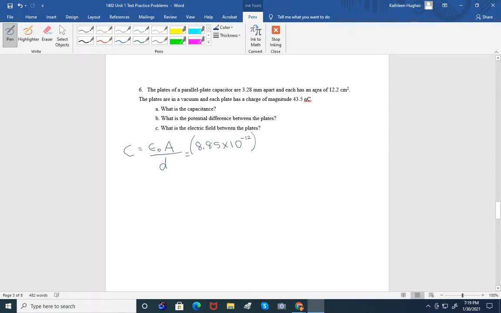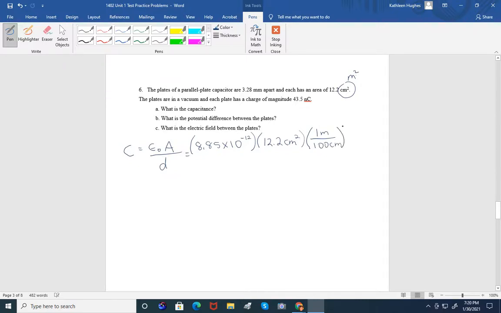Now the area needs to be in meters squared, but that's an easy fix. I have 12.2 centimeters squared. I know that 1 meter is 100 centimeters.